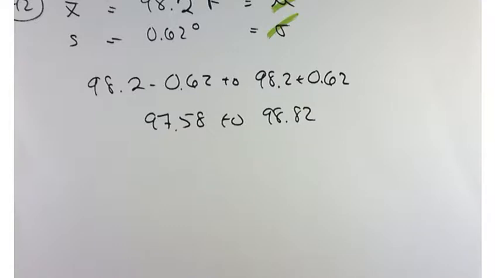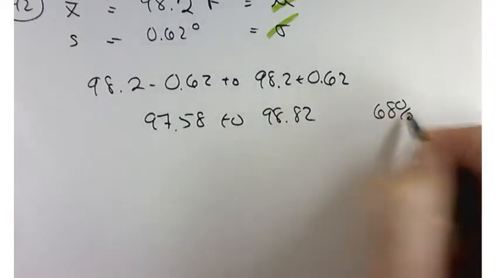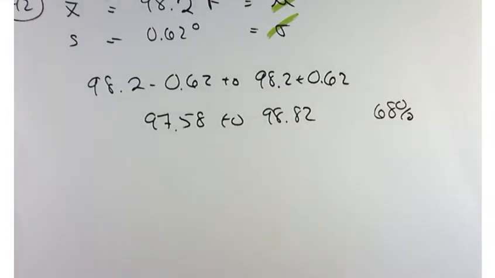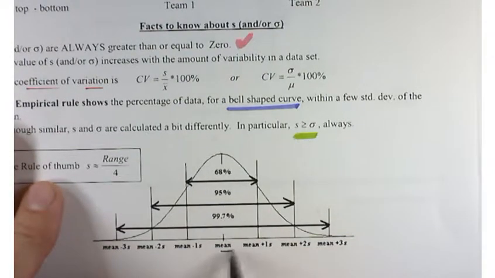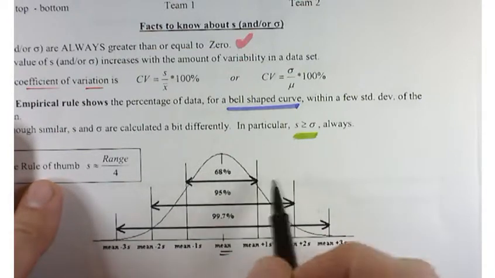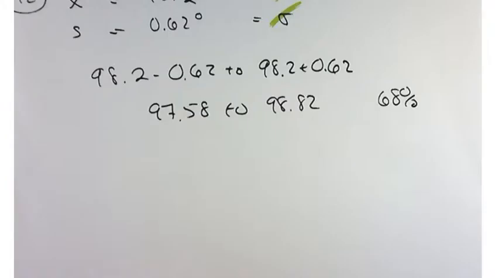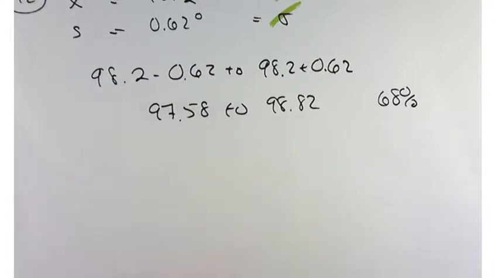Some help here? Yes, 68% of your data should lie within one standard deviation of the mean. So that one standard deviation of the mean is right here. So your mean, that's your center point, your midpoint. So plus and minus that, in this particular case, gave us a range of 97.58 to 98.92.